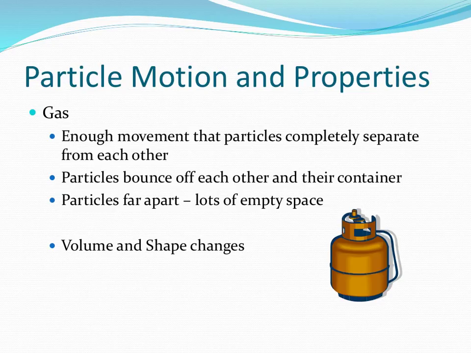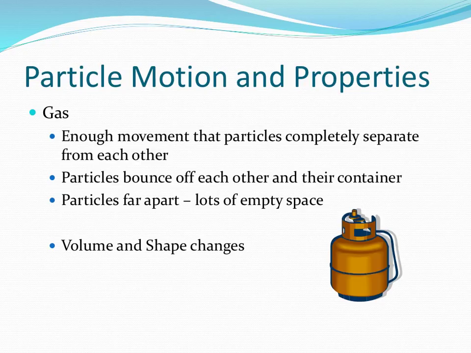A gas. When we have a gas, we're at a higher temperature. That means there's enough energy and movement in those particles that they completely break away from each other and start bouncing around. I always like to envision them as a bunch of super balls bouncing around a room. They bounce off each other and they bounce off their container. With a gas, there's lots of space in between the particles.